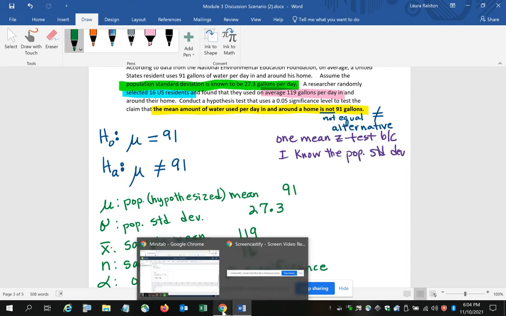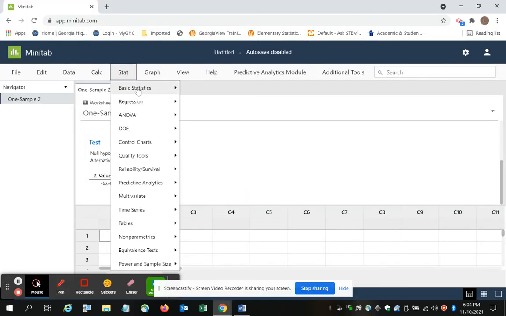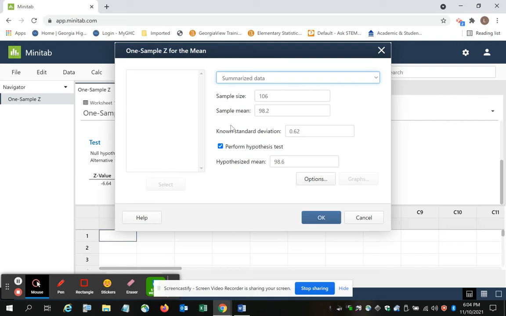Okay, so once I've identified all of that information, I'm then ready to go out and put it into Minitab. So here we go out to Minitab again. Stat, basic statistics, one sample Z. Again, we have summarized data, meaning they're giving us the population mean, the population standard deviation, the sample mean, and all that. Okay, so I'm going to change these numbers. My sample size this time was 16.